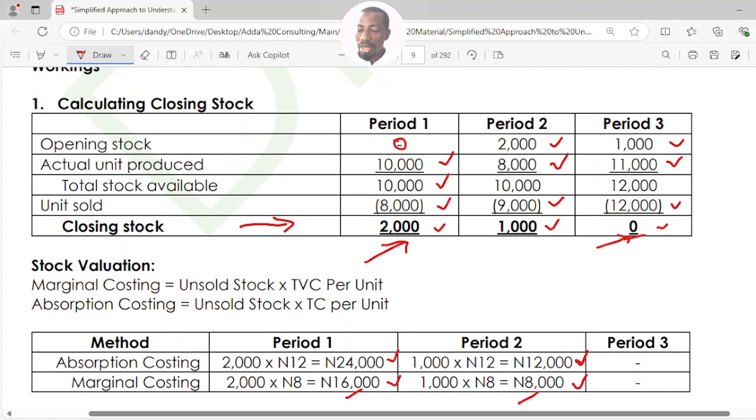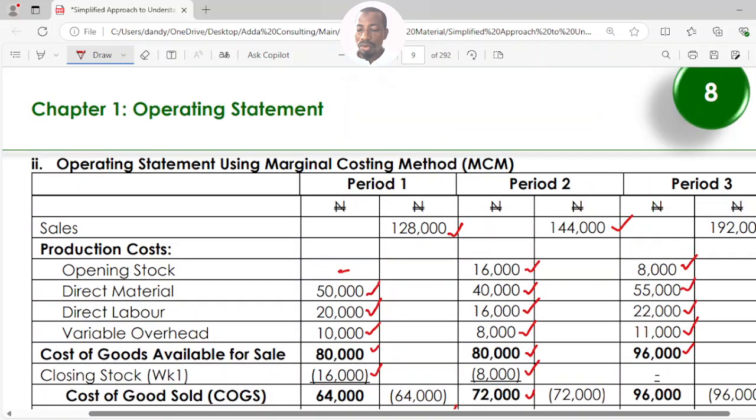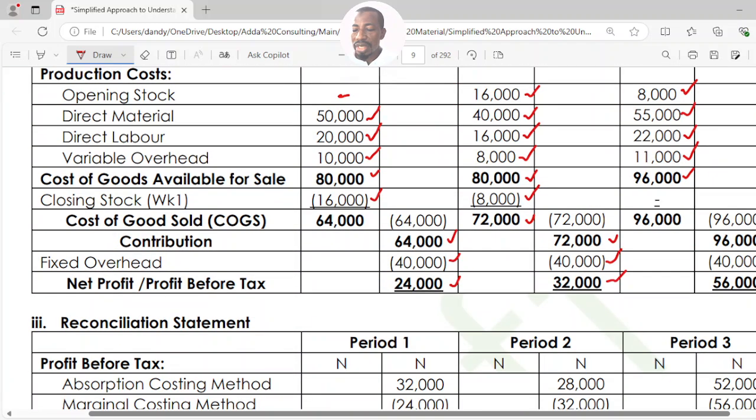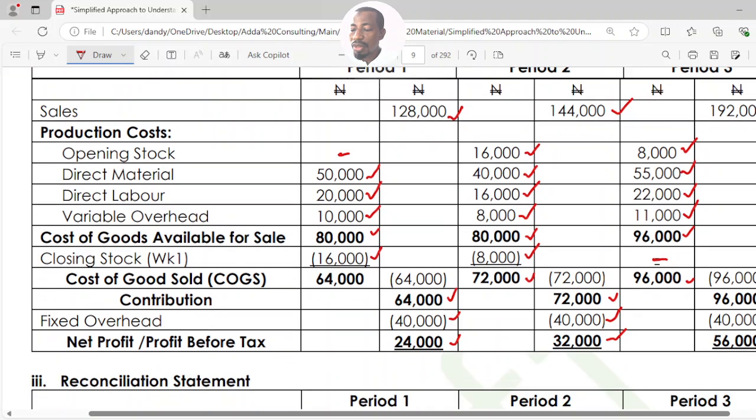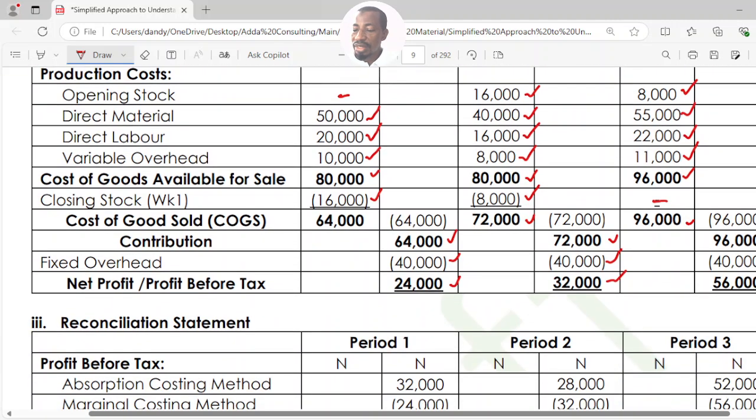If there is no closing stock, put a dash, or put 0 there. So 96 minus 0 will give us 96. Therefore, 96 minus the sales value of 192 will give us 96,000. Then 96,000 minus the period cost, fixed overhead of 40,000, is 56,000.